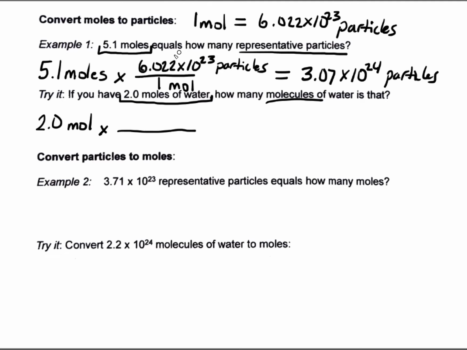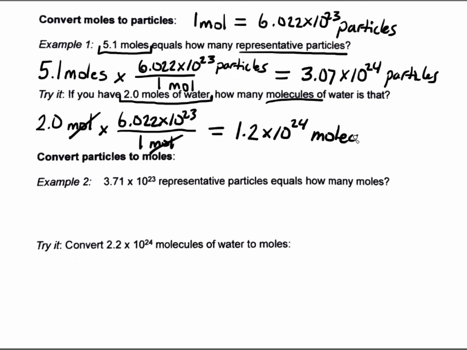So we're using that same conversion factor: 6.022 times 10 to the 23rd particles for every 1 mole. And again, moles is going to cancel out because they're diagonal from each other, leaving me with individual particles. So 2 times 6.02 times 10 to the 23rd is going to give me 1.2 times 10 to the 24th power of water molecules.